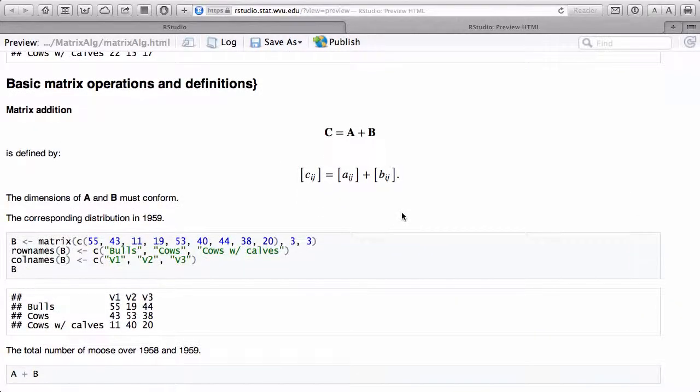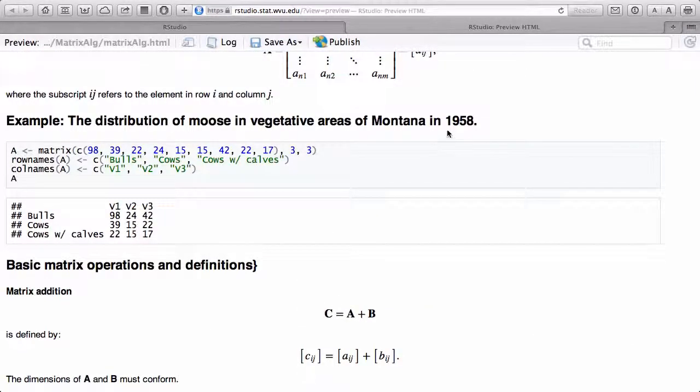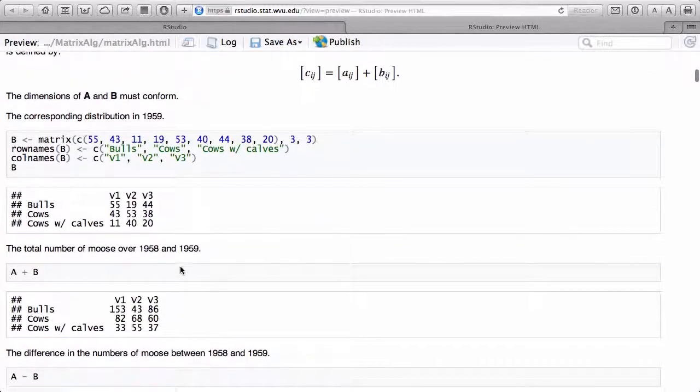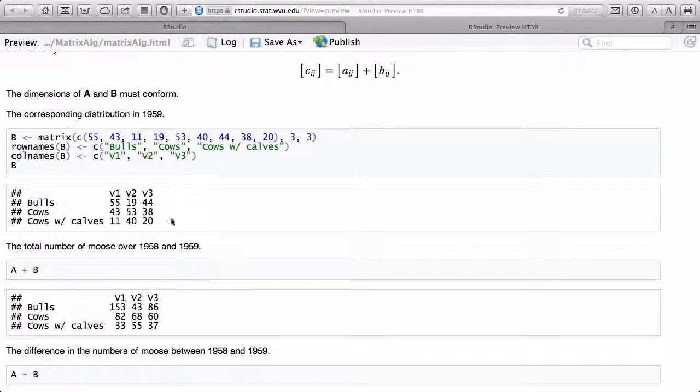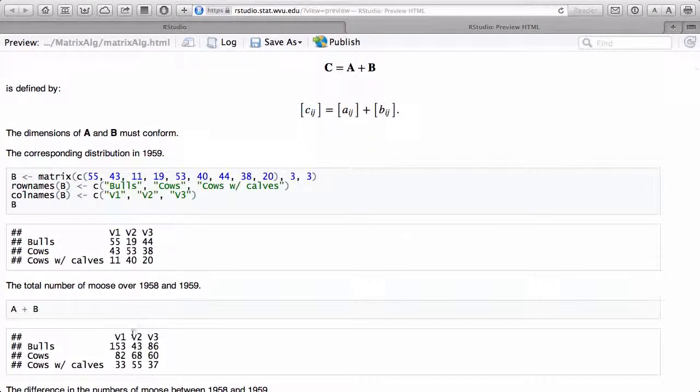I can add matrices, which simply adds corresponding elements. That was 1958. If I do the same thing for 1959, call it B, and add the two matrices, it simply adds by element. So 55 plus the 98 will give 153, and so forth.